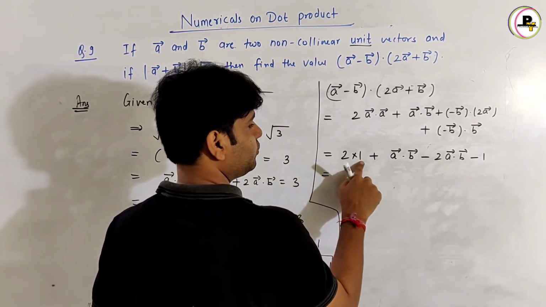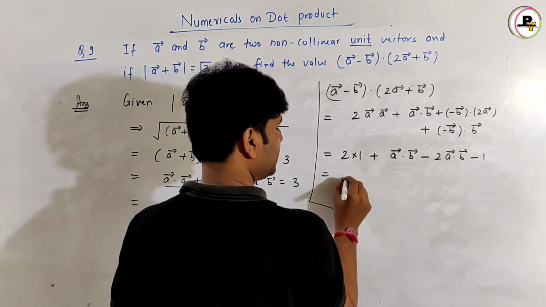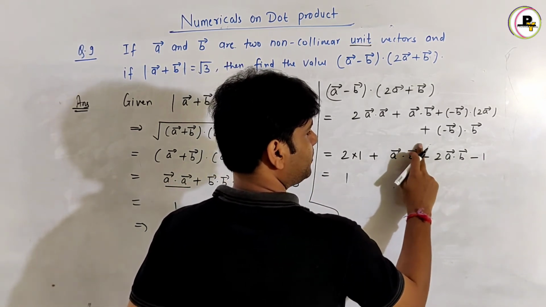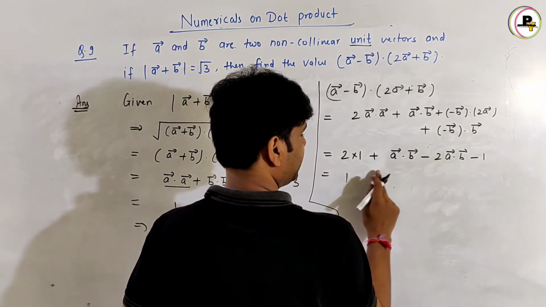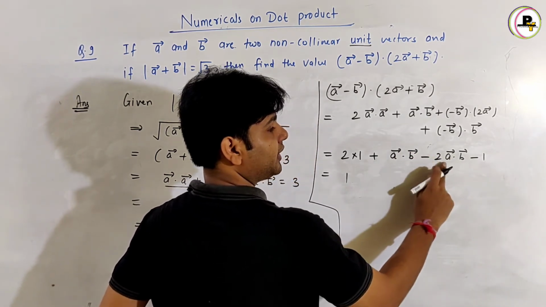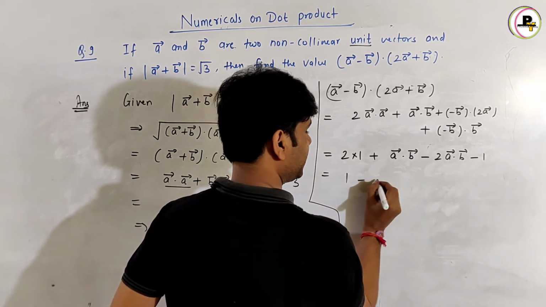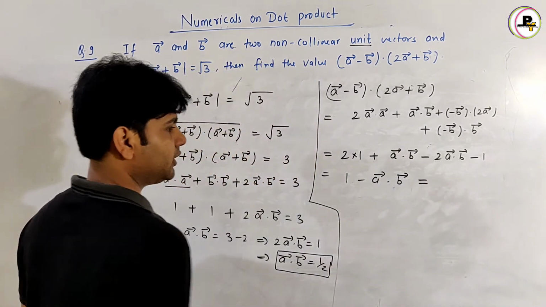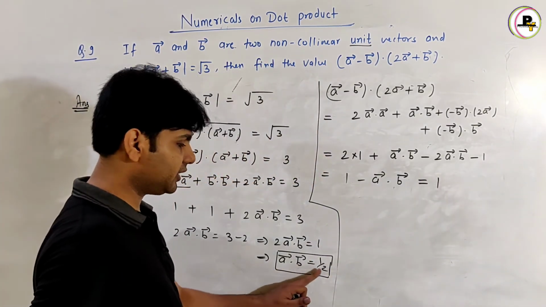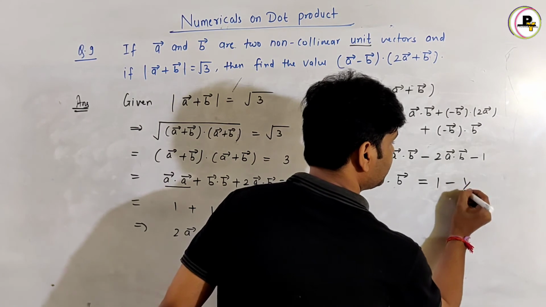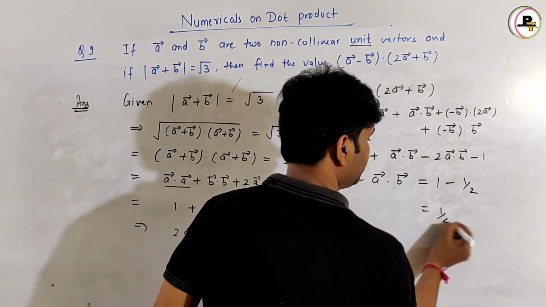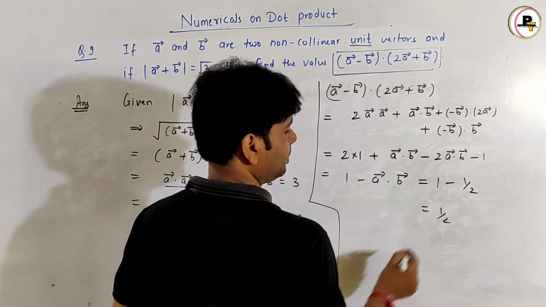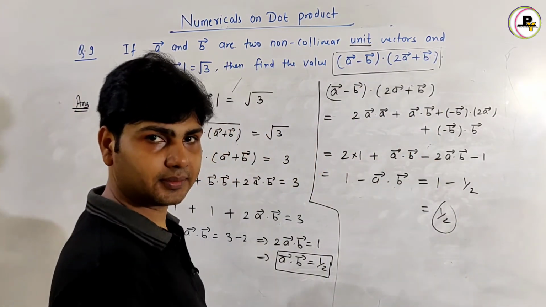So I get 2 into 1, that is 2, minus 1 will be plus 1. And here I get A vector dot B vector minus 2 times A vector dot B vector, which is minus A vector dot B vector, and therefore it is equal to 1 minus A vector dot B vector, which is half. So this value is minus half, and therefore I get the value half. So the value of the dot product of these two brackets will be half. This is the answer.